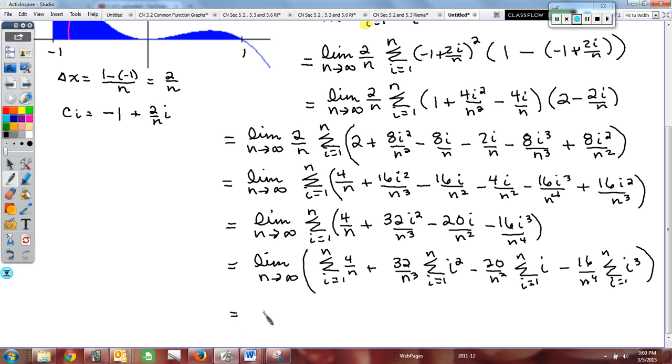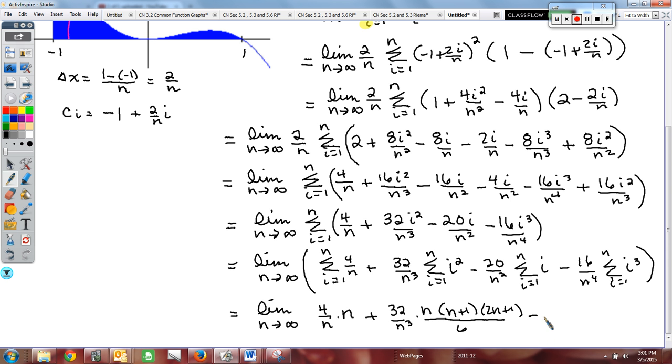Now I'm going to apply those formulas that we had for the closed formula to remove the sigmas. Remember, this is a constant, so the sum of a constant is going to be the constant times n. Then I have my 32 over n cubed, which is the constant, times the sum of i squared, and the sum of i squared is n plus 1, 2n plus 1 all over 6.